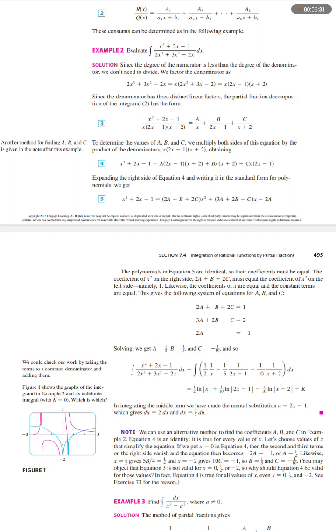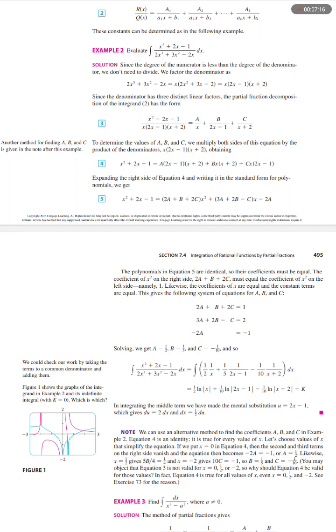Since the denominator has three distinct linear factors, the partial fraction decomposition of the integrand has the form equation 3: (x squared plus 2x minus 1) over x(2x minus 1)(x plus 2) equals A over x plus B over (2x minus 1) plus C over (x plus 2).